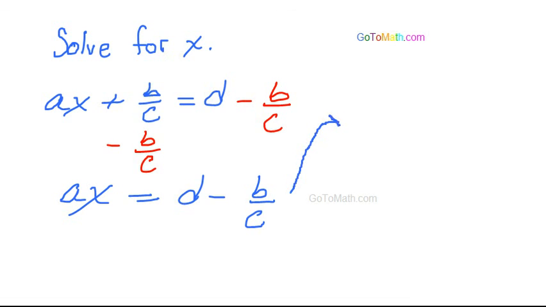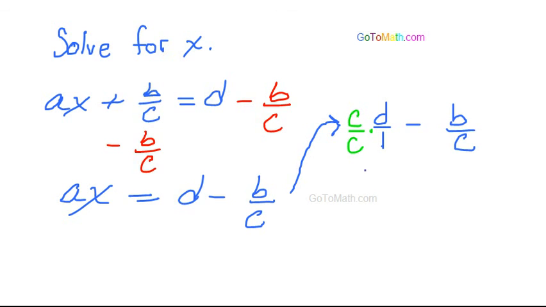So this d right here can be written as d over 1 minus b over c. We need to get a common denominator, and the way to do that is we'll write c over c right here. See that? Because c times 1 is going to be c, and therefore we get a common denominator.